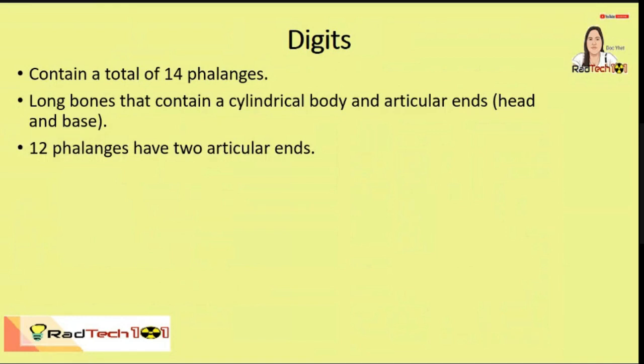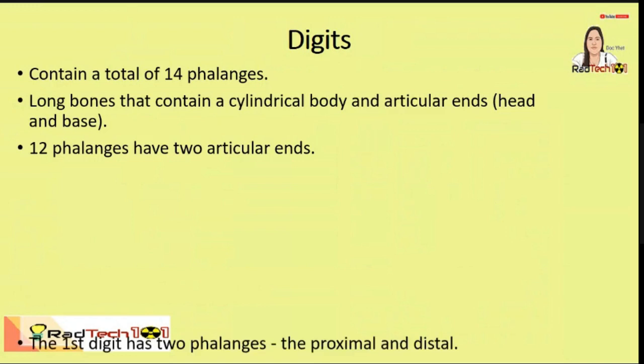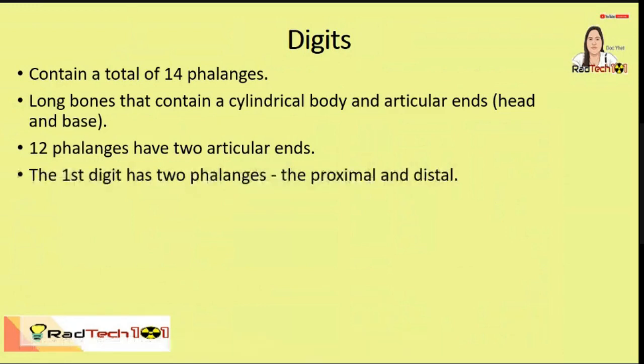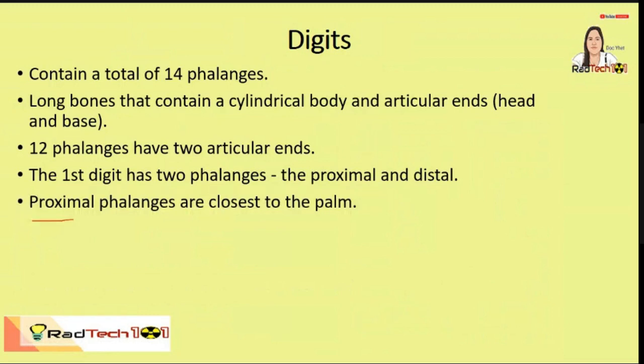And there are 12 phalanges that have two articular ends. And the first digit, as I have mentioned earlier, has two phalanges, the proximal and the distal phalanx. Since it is called a proximal phalanx, therefore they are closest to the palm of your hand.